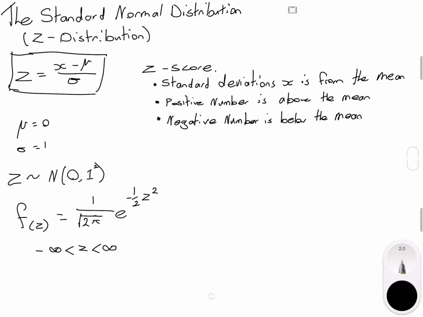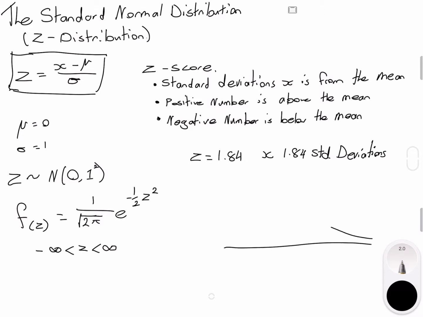So what this means is, if we've got a Z score of, say, 1.84, that means X is going to be 1.84 standard deviations up to the right of the mean. So if I was to draw our normal distribution curve, and we have our mean here, remembering that we're using the Z distribution, so our mean here is going to be equal to 0.